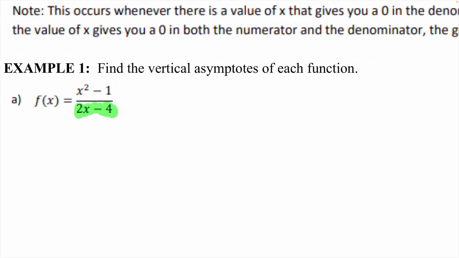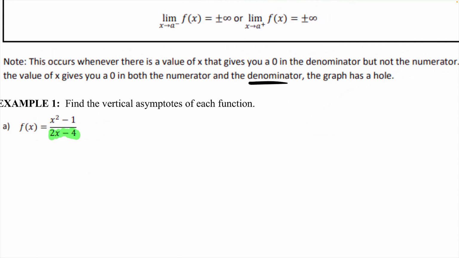We're going to focus on the denominator, right? Because it's where the denominator equals 0. That's where you're going to have a vertical asymptote, right?